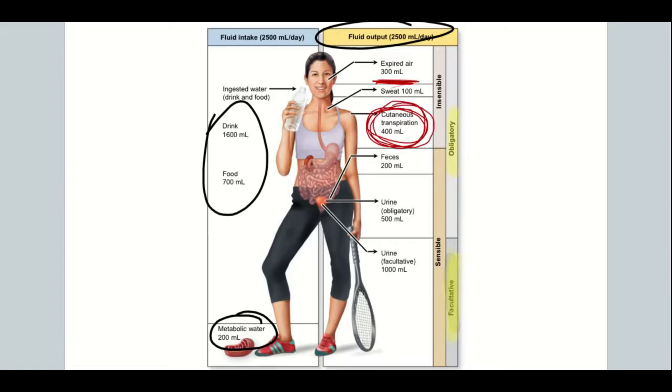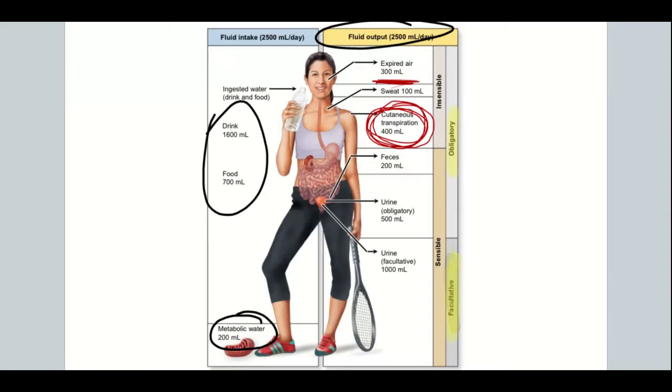Cutaneous transpiration is not exactly like sweat. Sweat comes from your sweat glands. Cutaneous transpiration is simply water evaporating through your skin. That happens, okay? You don't have to be doing anything. You can just be sitting on the couch watching Netflix, but you're losing water. Your skin is letting some water through. So that's cutaneous transpiration.